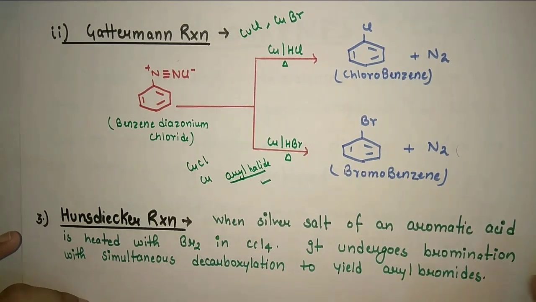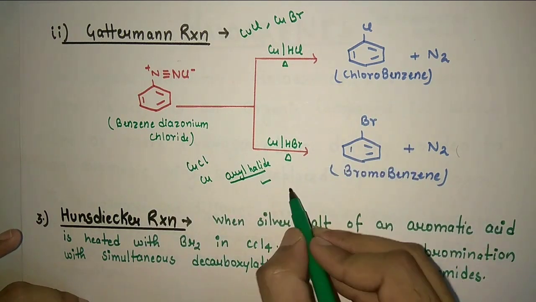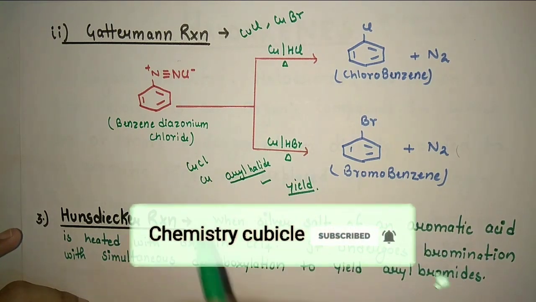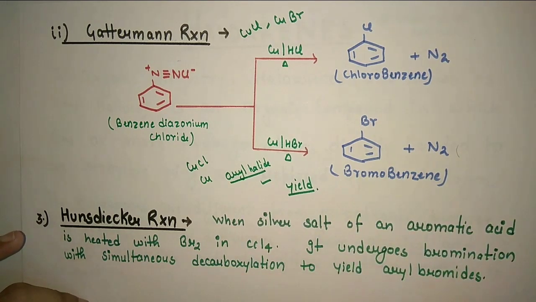So in this case, it will be beneficial to use the Gattermann reaction, but the yield of the product obtained from the Gattermann reaction is reduced as compared to the Sandmeyer reaction. So this is the basic difference between the Sandmeyer and the Gattermann reaction.